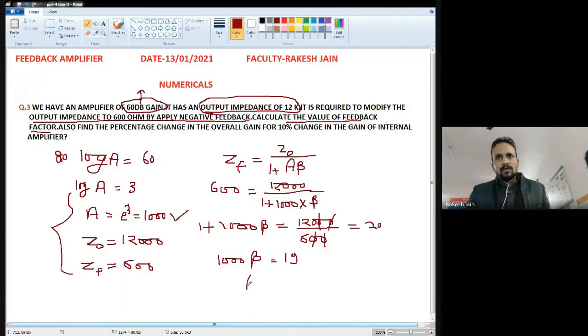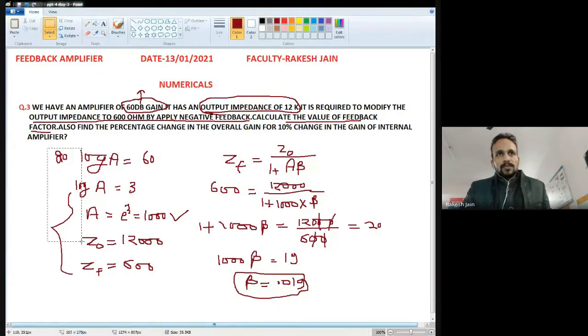So now what is the value of beta? Definitely beta is equal to 19 divided by 1000. So 0.019 will be the answer for the beta feedback factor. So this is the first answer. Okay.